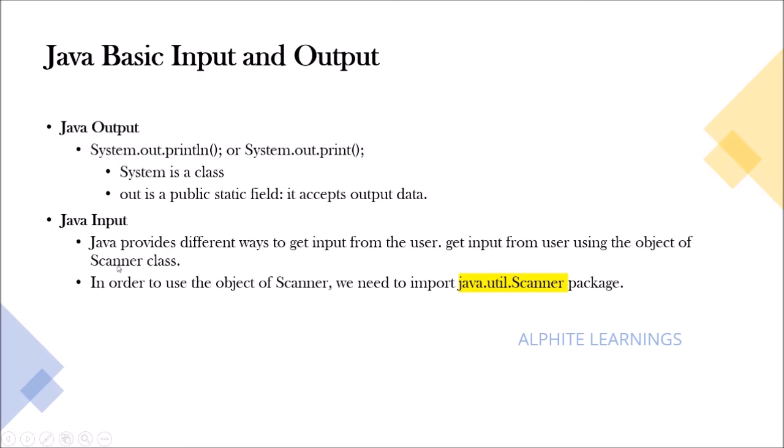So next is Java input. Java input can be given in different ways. We can call some APIs to get input from a database. There are many ways, and I'll show you a simple, normal example, which is Scanner.